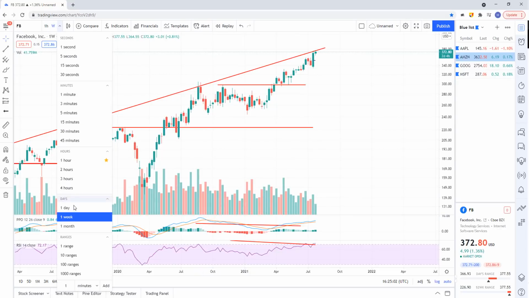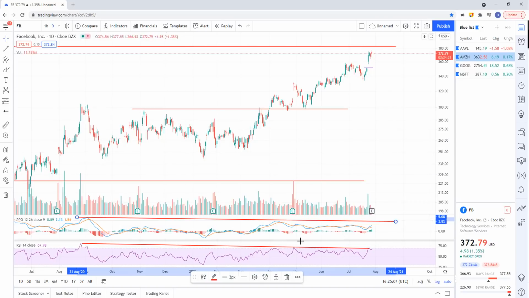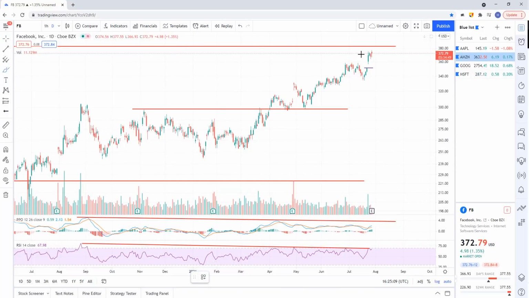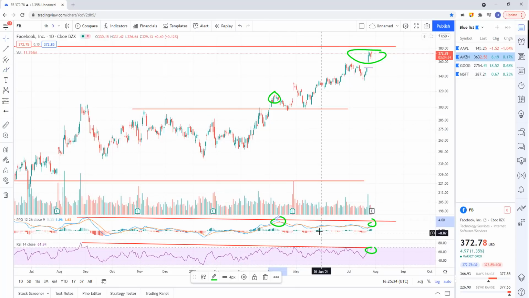Looking back at the daily, negative divergences remain. So you can see here we have a new high in price up here on much lower momentum than the former high. So you can see here this was a former high back here, and the momentum was stronger back during that former high. So we have fading momentum, higher prices, and we're right into major resistance on the weekly chart with earnings coming out.